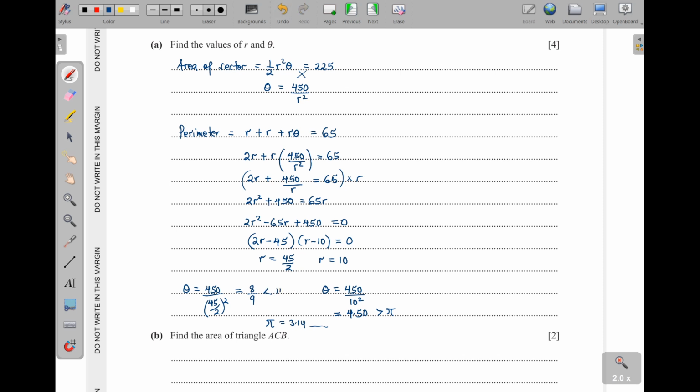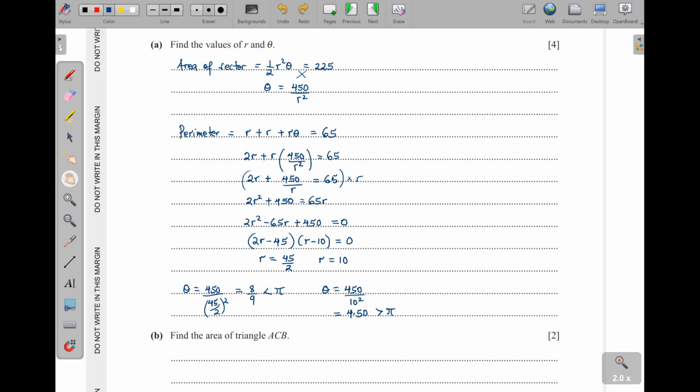Because this one is less than pi and this one is greater than pi, this is the one for the reflex. So I'm going to take my theta to be 4.5, and the R that gives us the 4.5 is 10. So I'll take this as my radius.